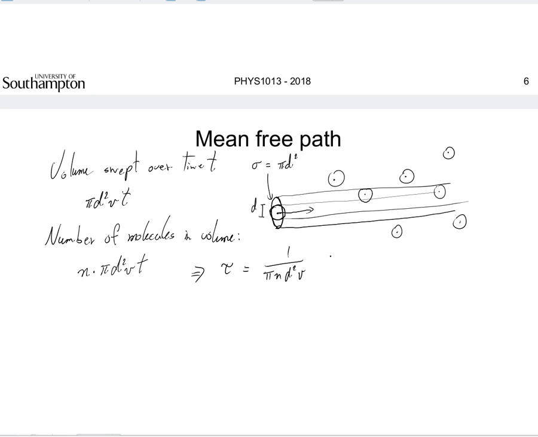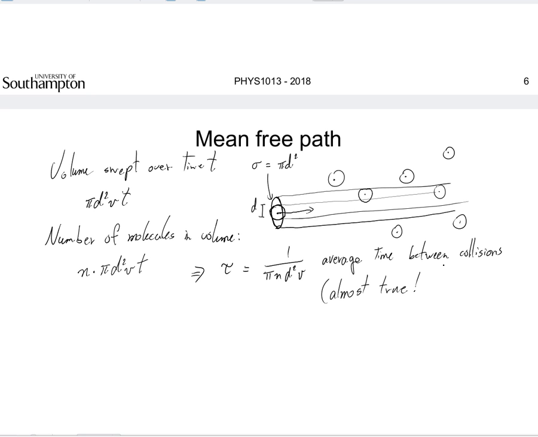And that's the average time between collisions. It's almost true. Okay?